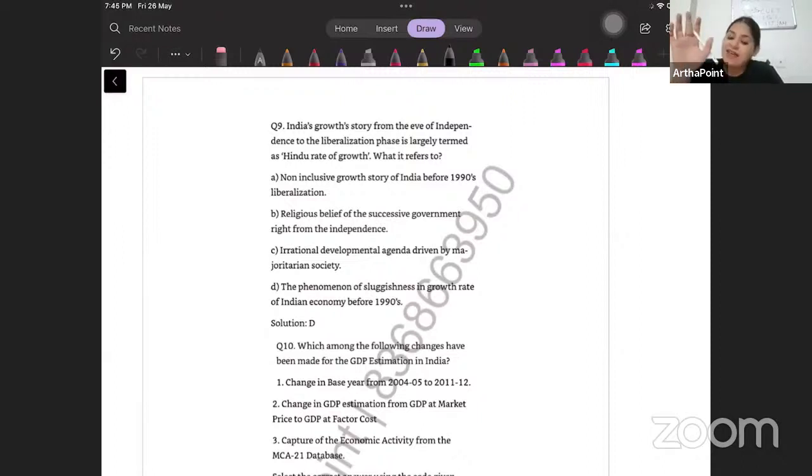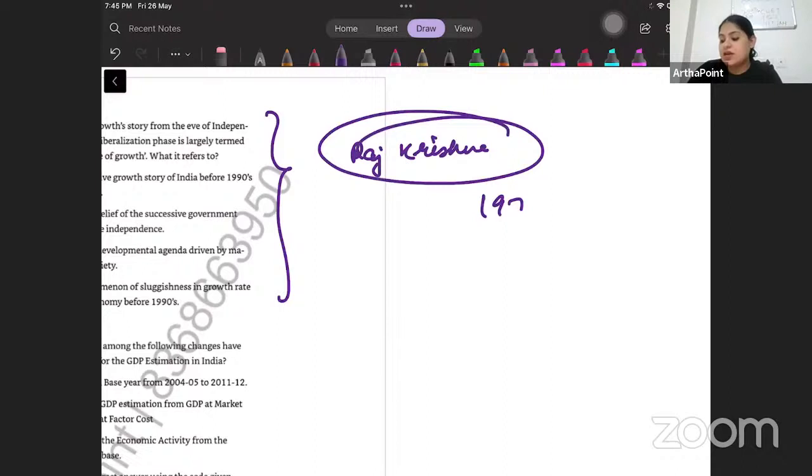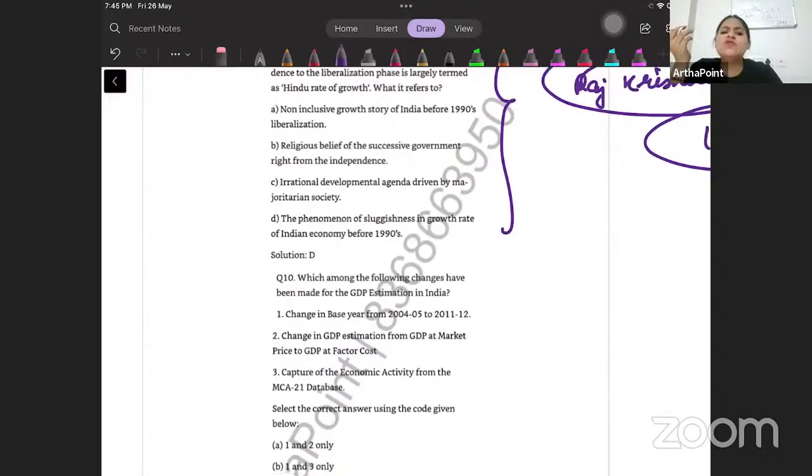What was the exact rate? An average of 4%. Okay? So between the period 1950s to 1980s, we on average grew at 4%. And the liberalists of that time coined this term. Who gave this term? It was coined by Raj Krishna. He gave this term in 1978, and he said that this is an annual rate of growth which is very, very low.